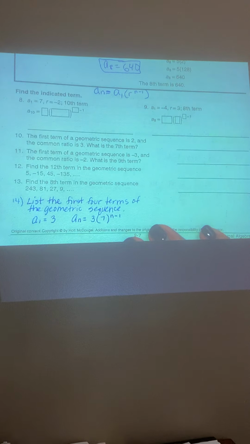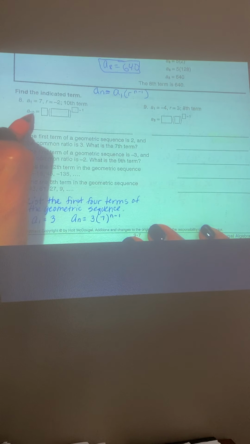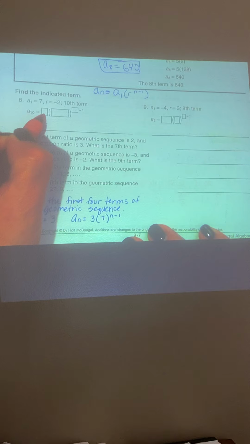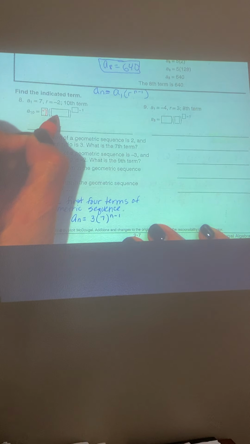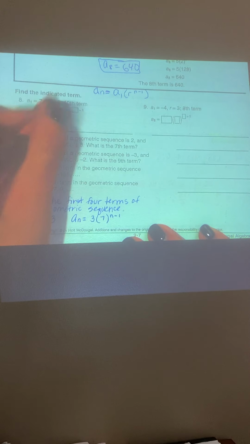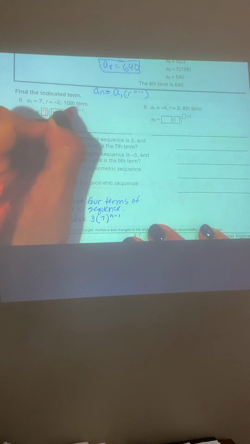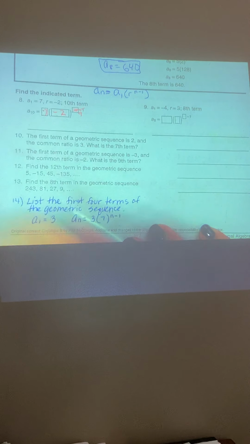Okay, so first term. We're finding the 10th term. So a_10 equals a_1, which is 7, times r, which is negative 2, to the 10 minus 1. 10 minus 1 is 9.